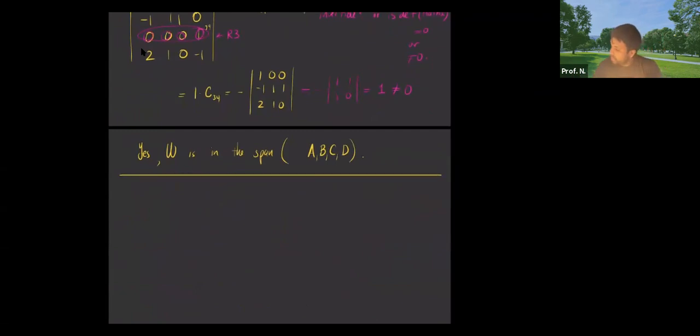So how do we determine whether something is in the span? We always have to form this kind of system and see whether the determinant of that matrix is 0 or non-zero, which would indicate whether the matrix is invertible or not, which would indicate whether a solution exists or not for those scalars.